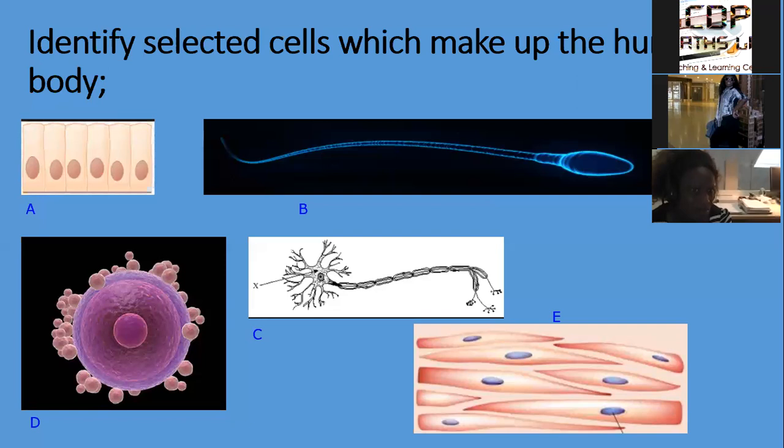Make a lucky guess. Red blood cell? No, a red blood cell is not shaped like that. That cell has to do with the skeletal system, and it's not bone.